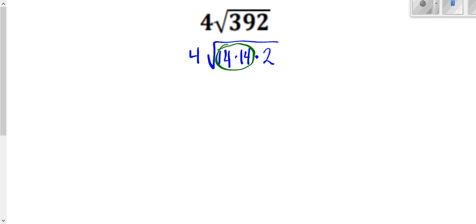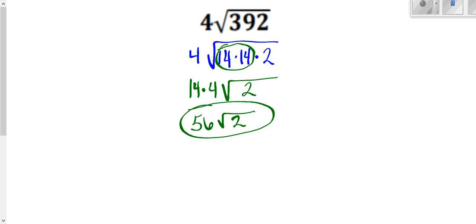So I know I'm going to take that 14 out. So I'm left with 14 times 4 square root of 2. 14 times 4 gives me 56. So I have 56 square root of 2.